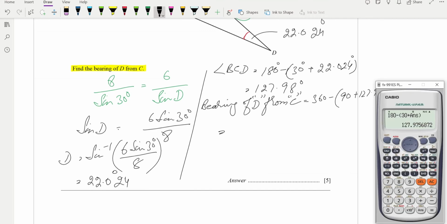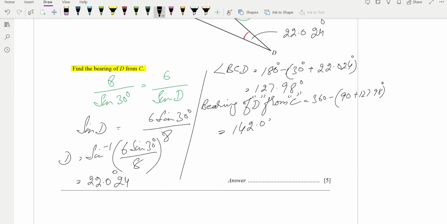So 360 minus in brackets 90 plus the answer, bracket closed, and this is equal to 142.02, and we can rewrite it as 142 degrees. So the answer will be 142 degrees.